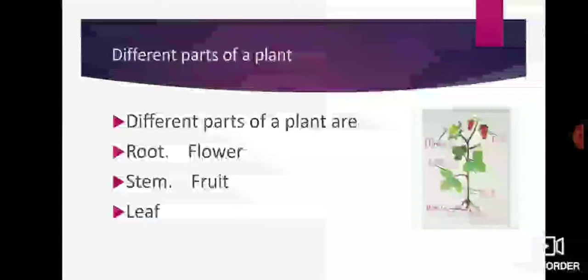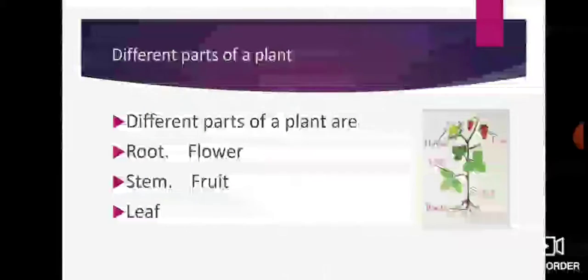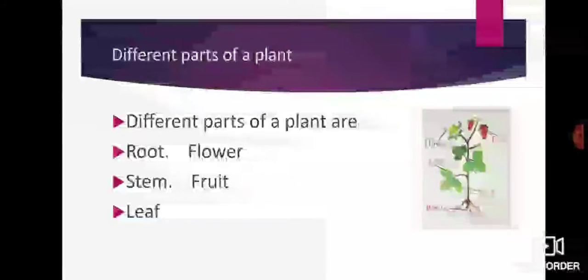Number 2, stem. What is stem? Stem is the part above the ground. The part which we can see is known as stem. Stem is the main part of the shoot. The stem helps the plant to stand erect.